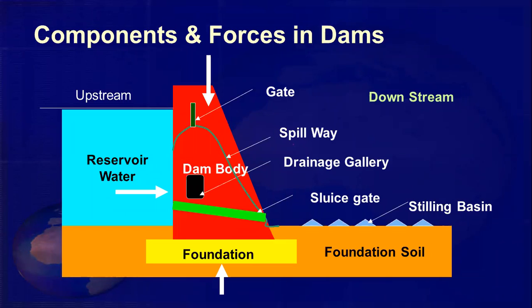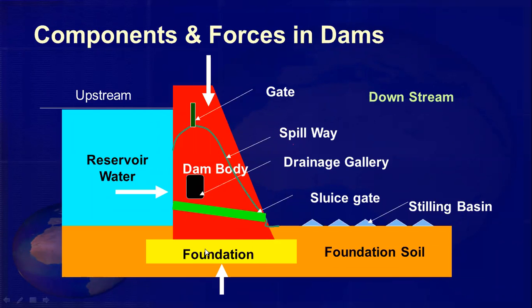Now, in this diagram, in this graphics, you can see the upstream side and downstream side. The upstream side is the reservoir side, the storage side. Now this dam, in red color, you can see in a trapezoidal shape.